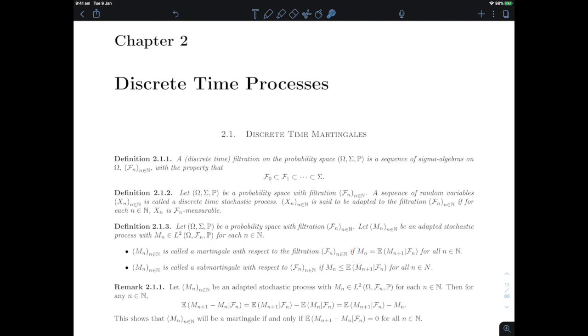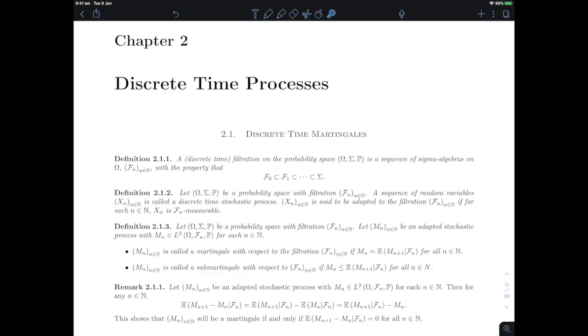So it models this idea that Mn plus 1 is one of the possible evolutions of Mn given our information has increased from Fn to Fn plus 1. That's the definition of being a martingale, and stochastic processes satisfying this property will be the key focus of our entire course. Now, often, we need to relax this notion a little bit for certain applications, and we will look at submartingales.